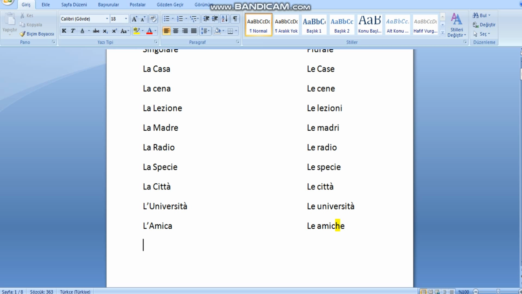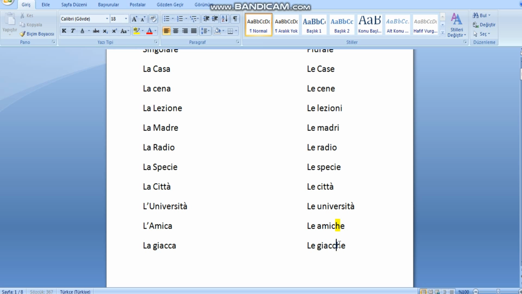For instance, in this example also we use the letter H when we transform the word into plural. La giacca, le giacche.